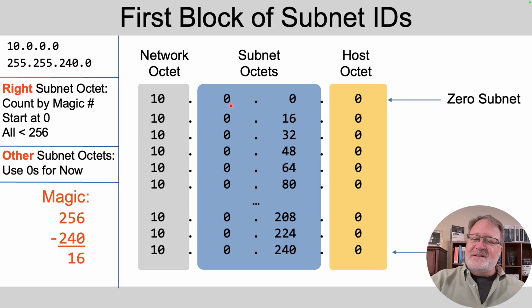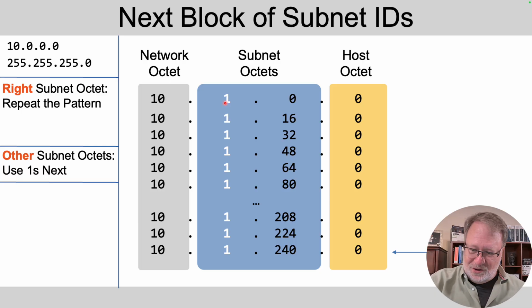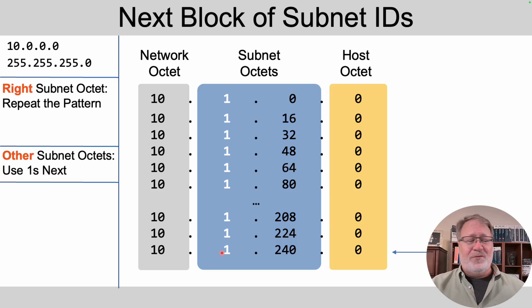All of these subnet IDs have 0 in that leftmost subnet octet. So there's a block, and then we need another block with ones, another block with twos. So here's our block with ones, and then imagine another block with all twos over here, and threes and fours all the way up through 255.